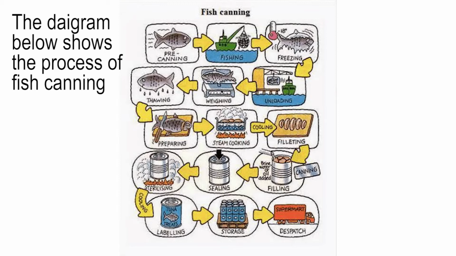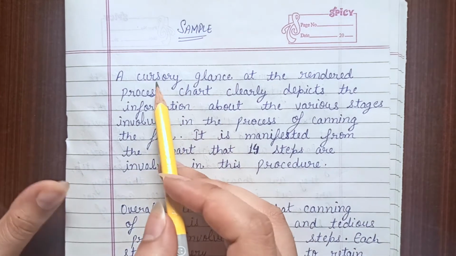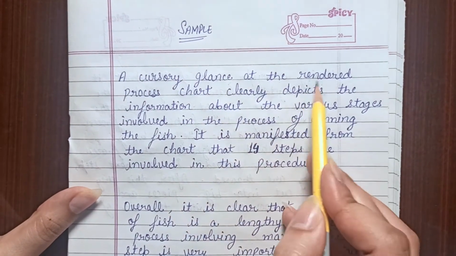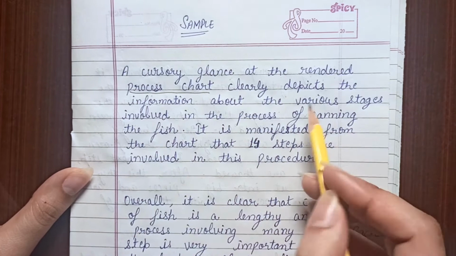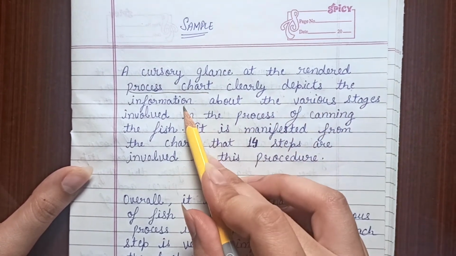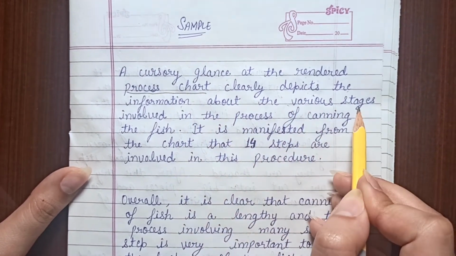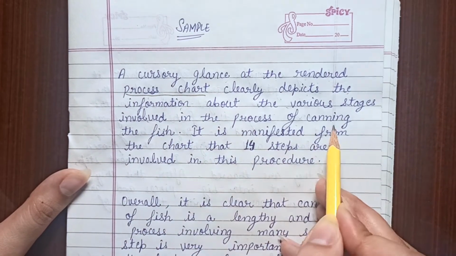In the first stage, the fish is caught, right? And in the last stage, the fish is dispatched to the supermarket for sale, right? So moving on to the sample answer. A cursory glance at the rendered process chart, yes, this is a process chart, clearly depicts the information about the various stages involved in the process of canning the fish.